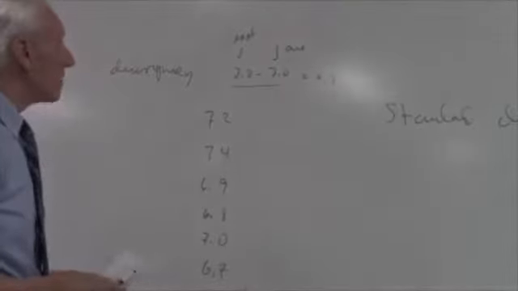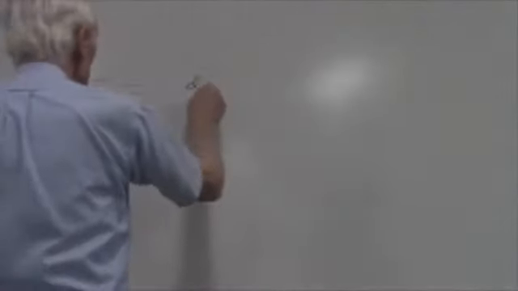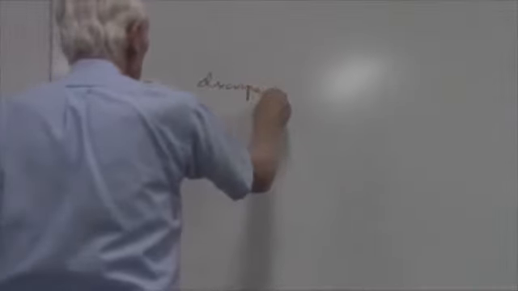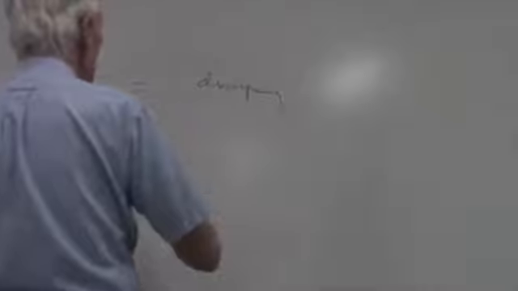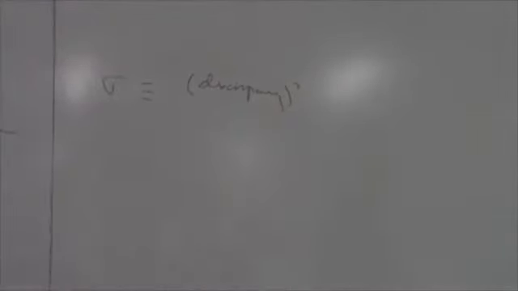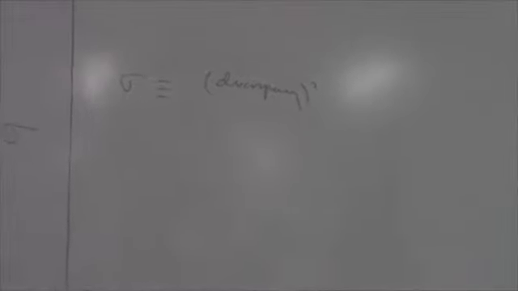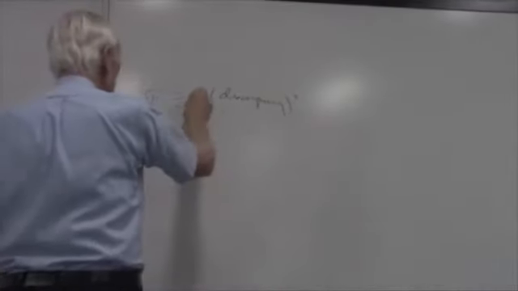So what we do then is take the discrepancy and square that. That gets rid of the sign, and that tells you just the absolute value of how far off each one of the numbers is. And then we have to add those all up.